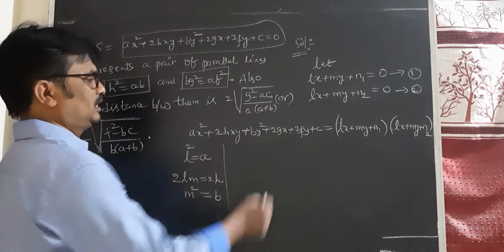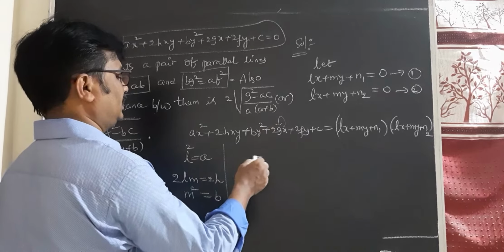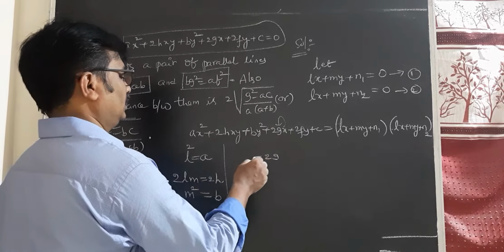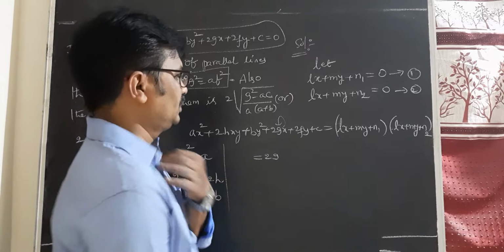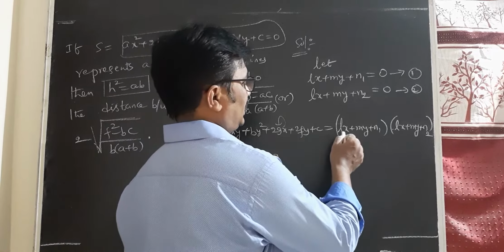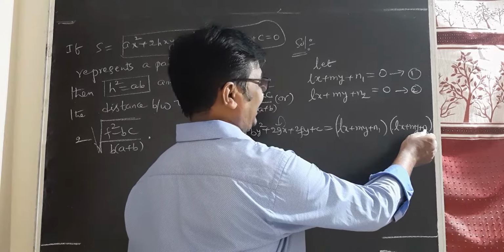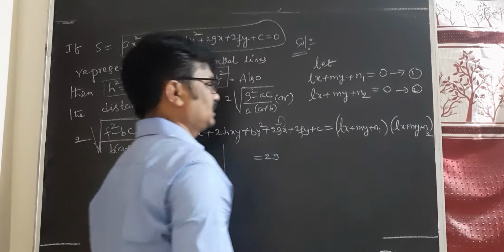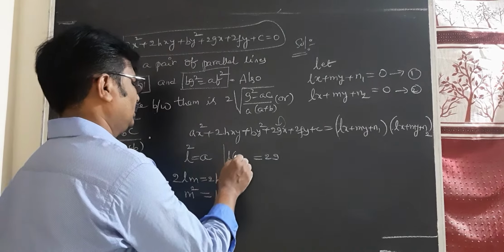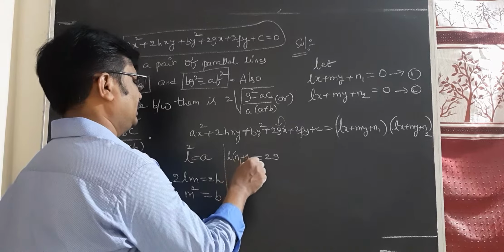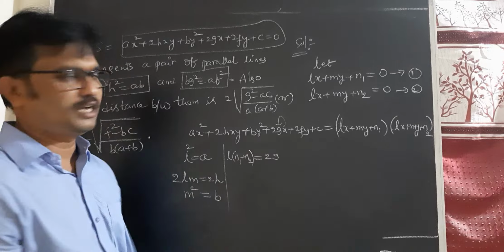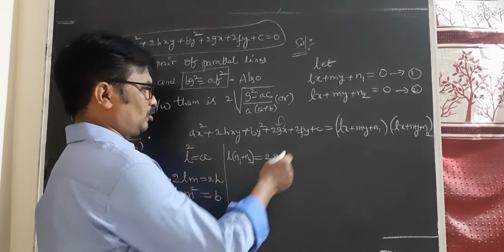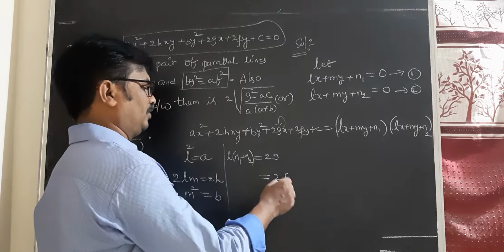Now students, the x coefficient is 2g. The x term is lx into n2, l n2, and l n1 into x. So l is common, n1 plus n2 is the coefficient of x. Now the coefficient of y is 2f.